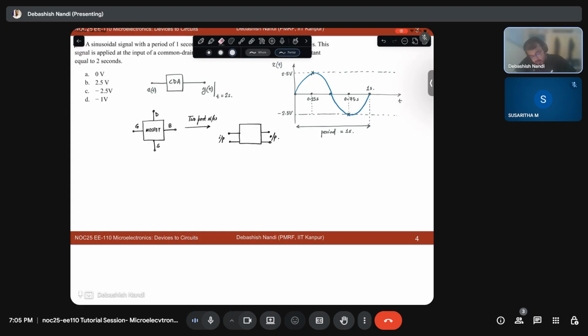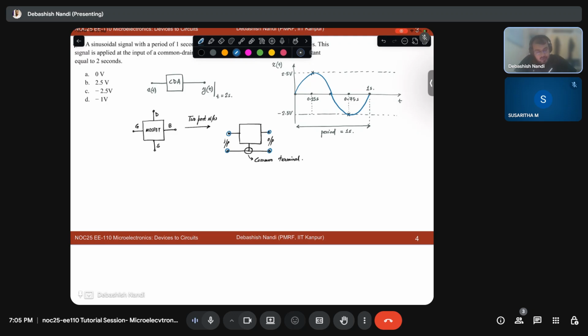Another way a two-port network can be drawn with 3 terminals is like this. This becomes your input port, this becomes your output port, and this terminal we call the common terminal. So input is applied between one terminal and the common terminal, and output is taken from a third terminal, referenced to the common terminal.